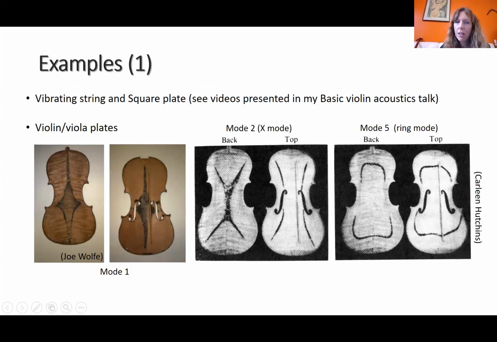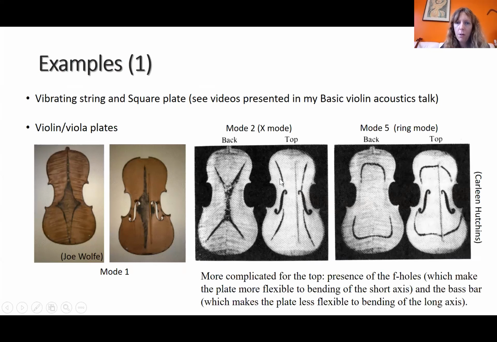So what you see is it's actually getting a bit more complicated for the top. You see, the X is not such an X for the top. And that's because of the presence of the F holes, which makes the plate more flexible to bending on the short axis, and the bass bar, which makes the plate less flexible to bending on the long axis. And so because of this, the mode shapes are not exactly the same for the top as they are for the back.